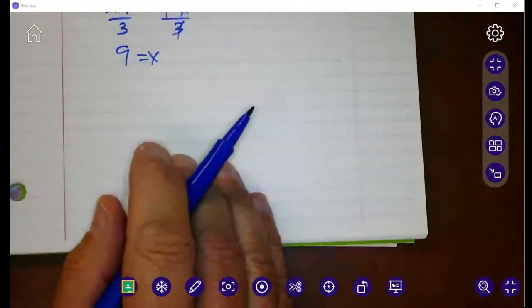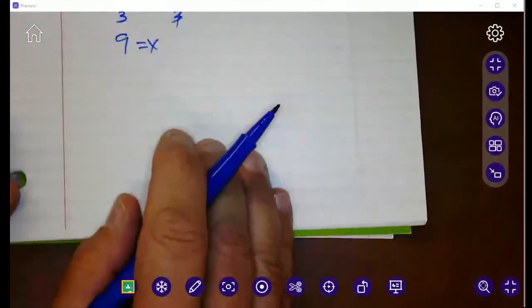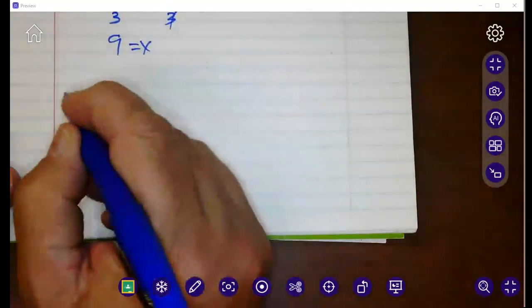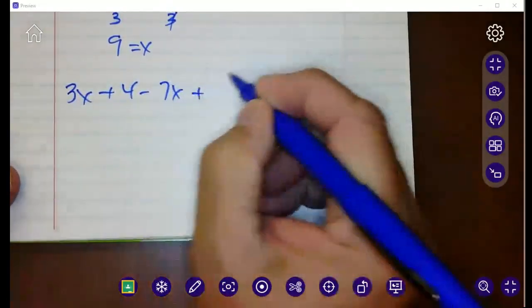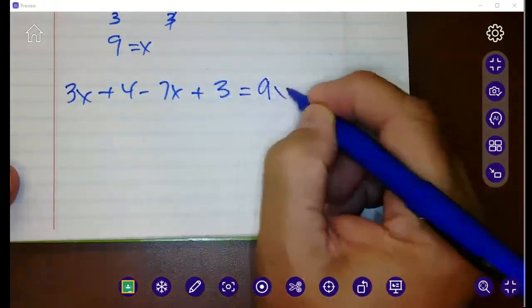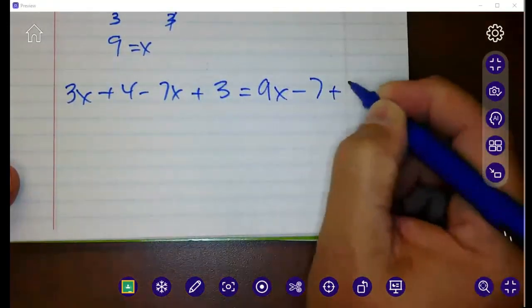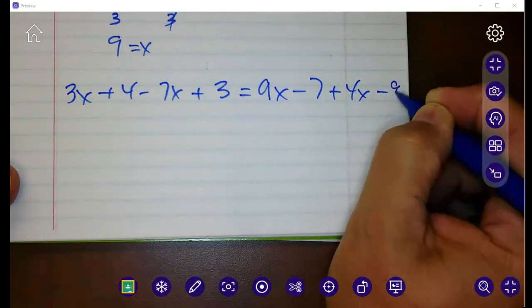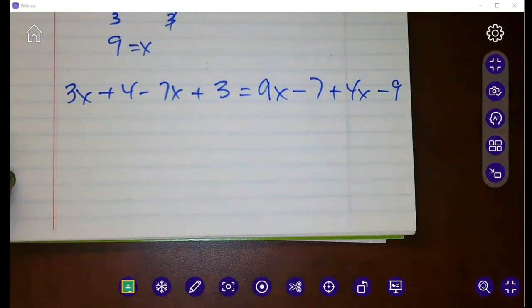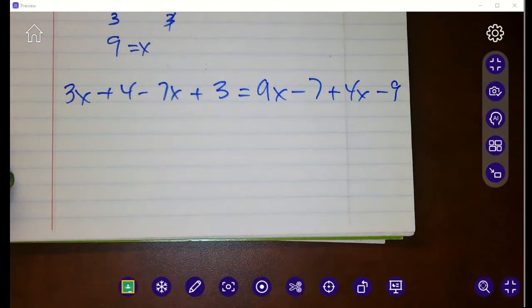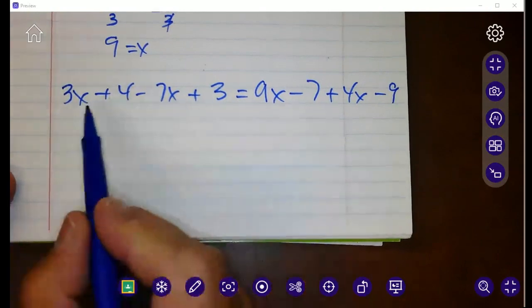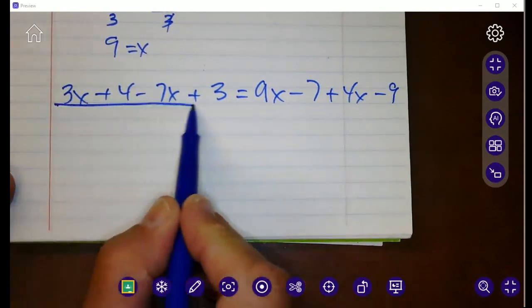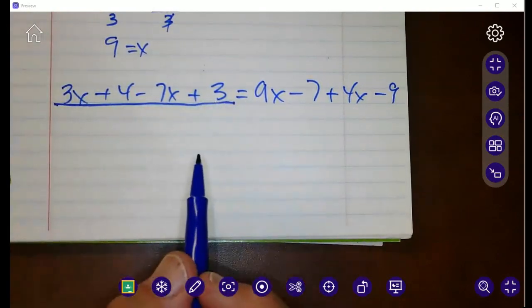On Tuesday of next week, you will start solving equations that look like this. Much more complicated. The process is going to be exactly the same, because what we're going to do is take this side and do what we just learned how to do.